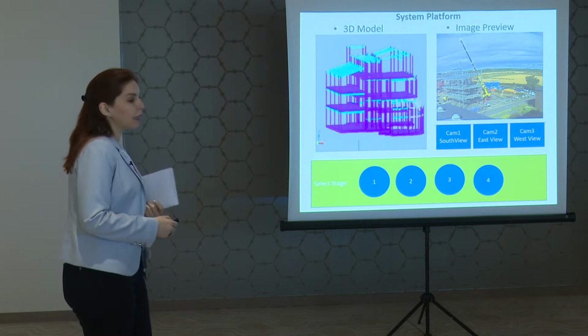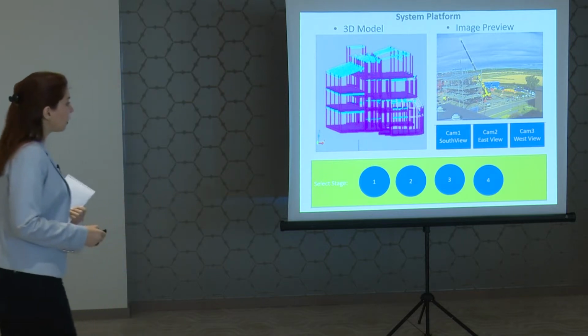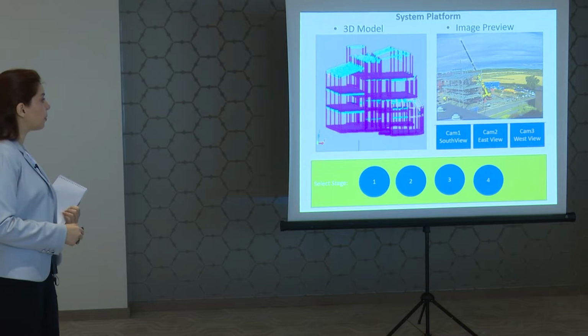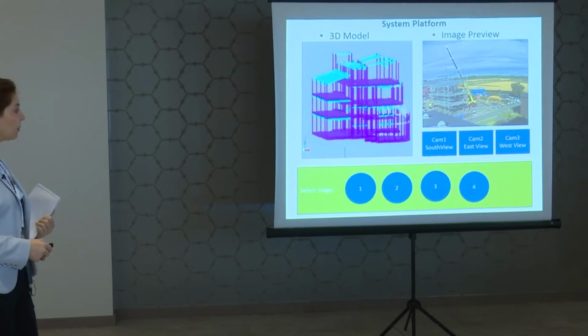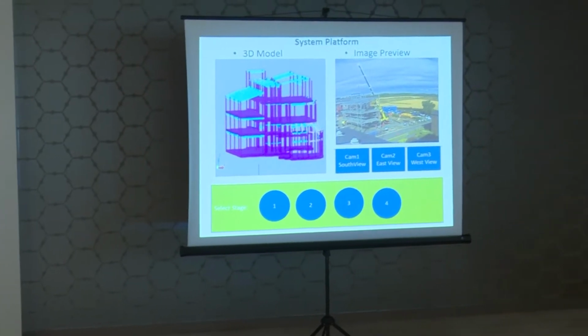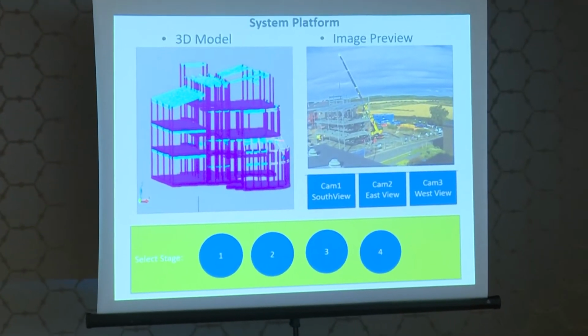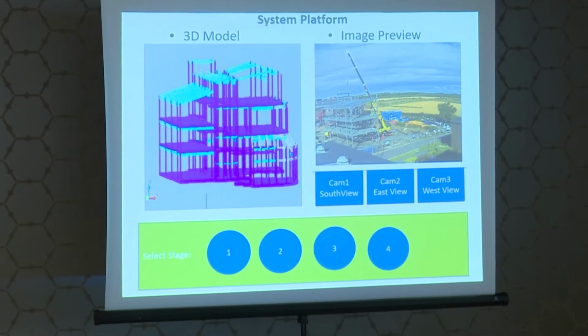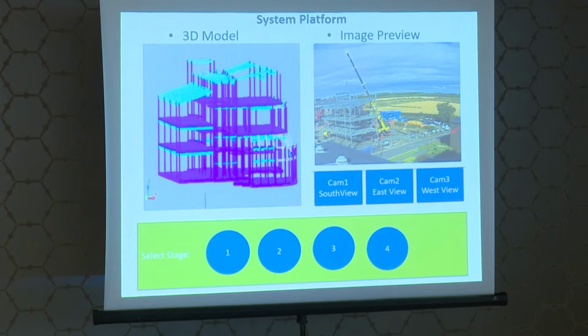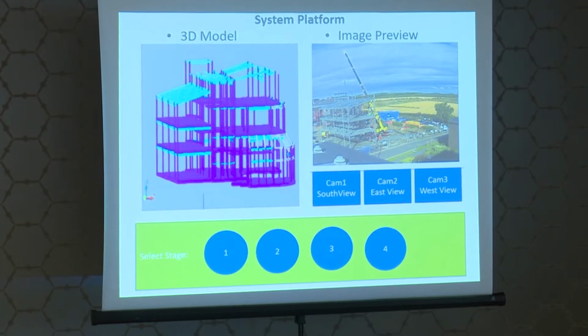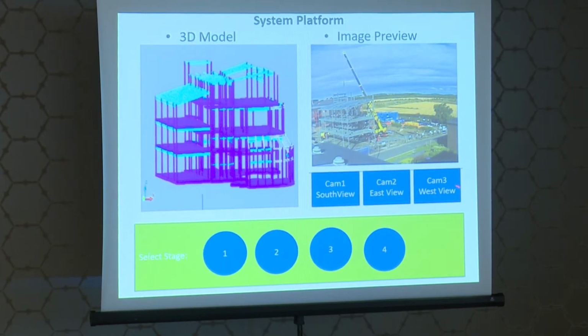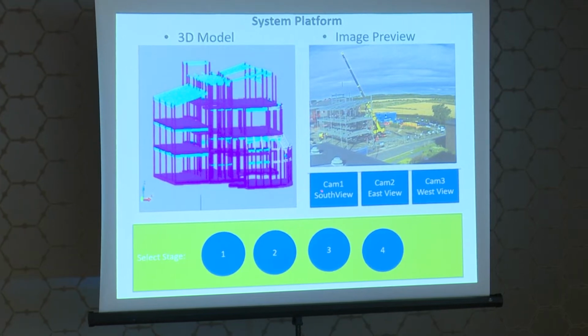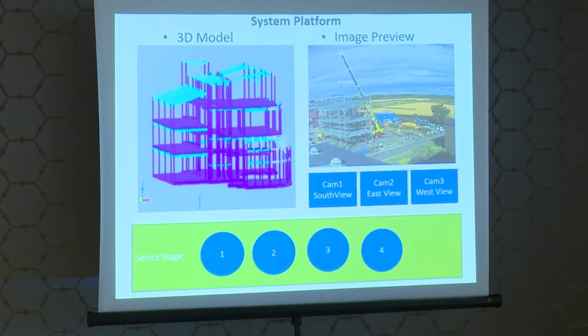Now let me explain the system. On this side, we can find a 3D model of the building. We can use BIM as well, using Navisworks or any other BIM software, and it will be compared to the real-time image. That's the image preview. We have 3 fixed cameras, south view, east view, and west view, taking a photo per minute.